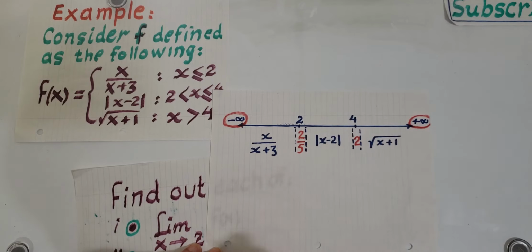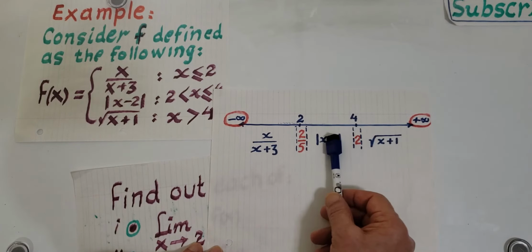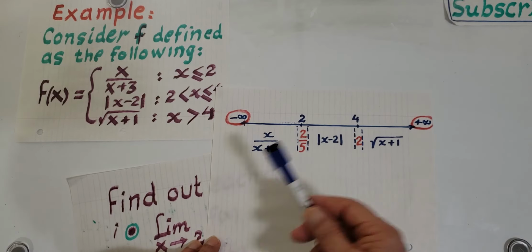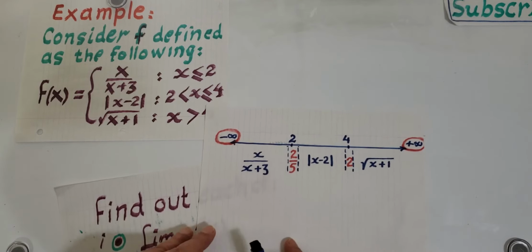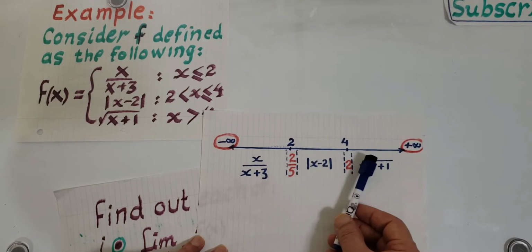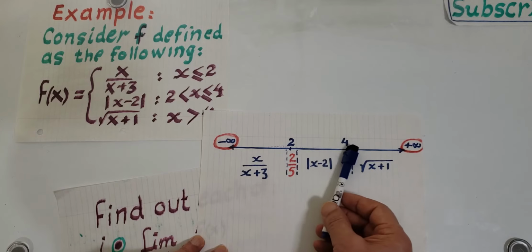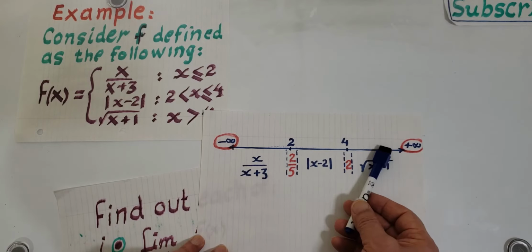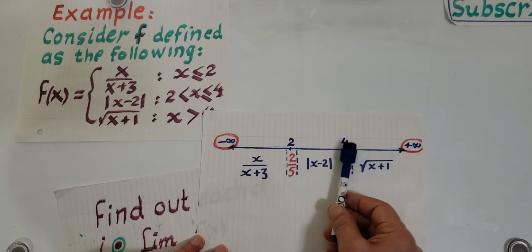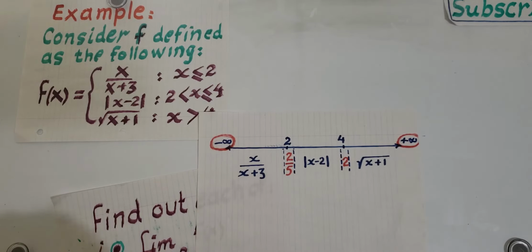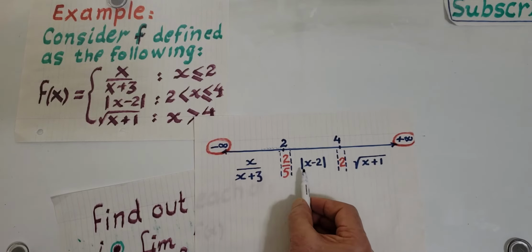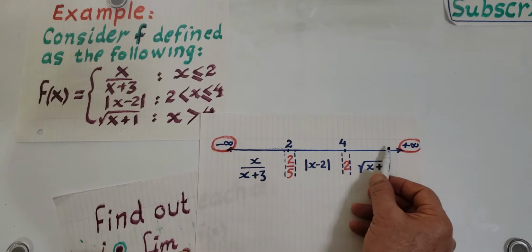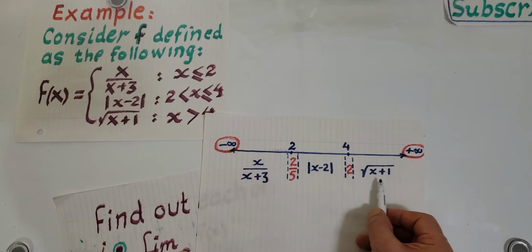When x tends to 4, we also have two equations around 4, one from the left, one from the right. So we will discuss the limit when x approaches 4 from left, and also when it approaches 4 from right. When it approaches 4 from left, we will take this equation, and when it approaches 4 from right, we will take this equation.